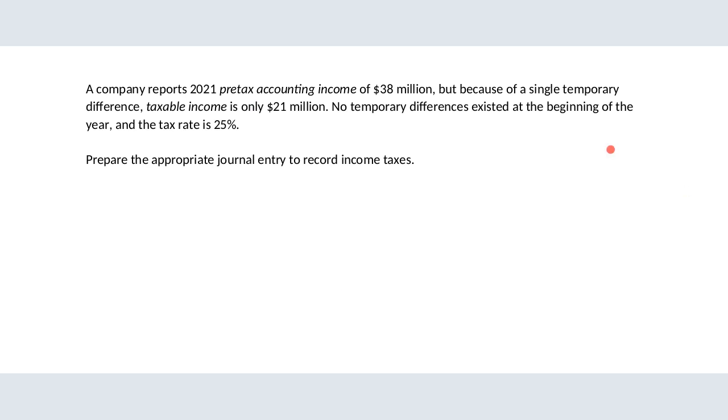Okay, so we're talking about differences. We're told here that in 2021, we have pre-tax accounting income. So this is book income, right? This is income from the income statement. So I'm just going to write here, this is from income statement. Actually I should say income before taxes.